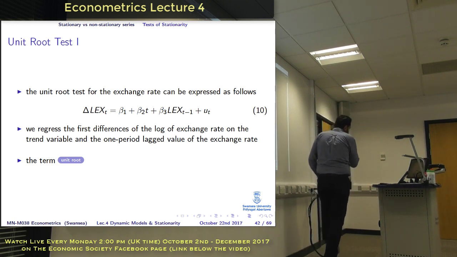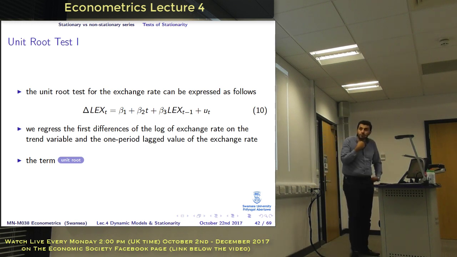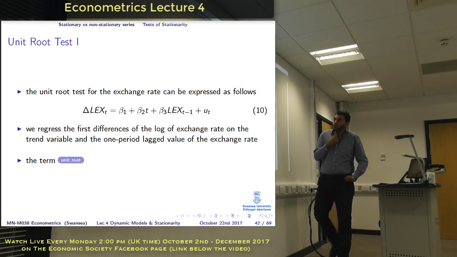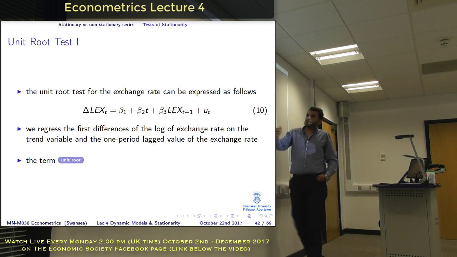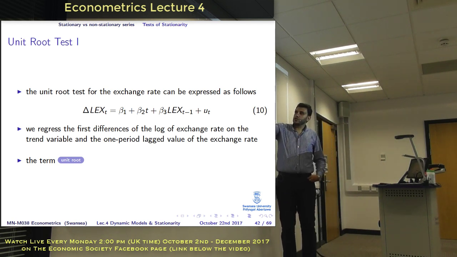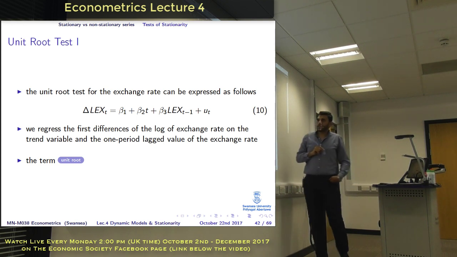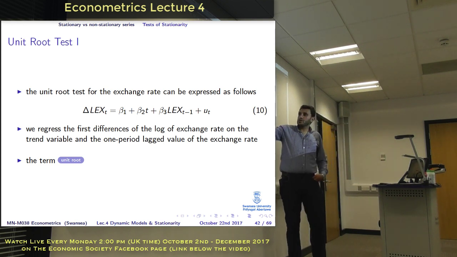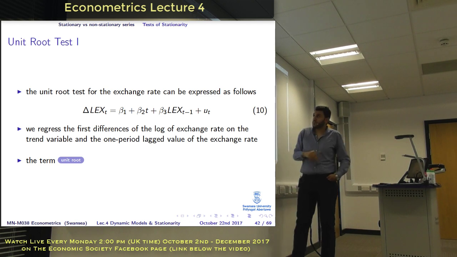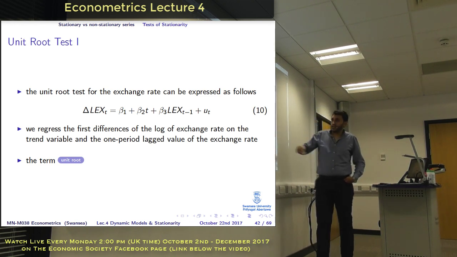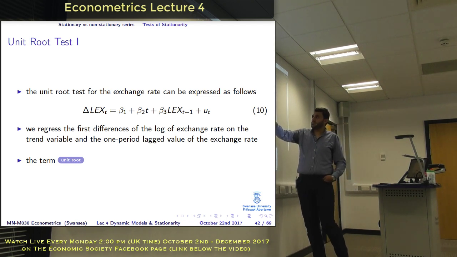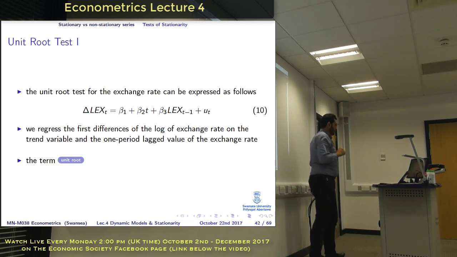Another, more formal way to do this is to follow a unit root test. The unit root test for our series, the exchange rate, will be expressed as this equation. You have the first difference of the log of the exchange rate, regressed on a time trend t and on the exchange rate in time t minus 1.